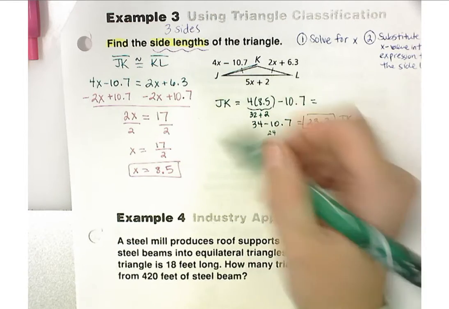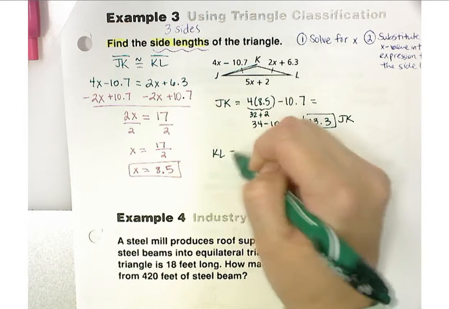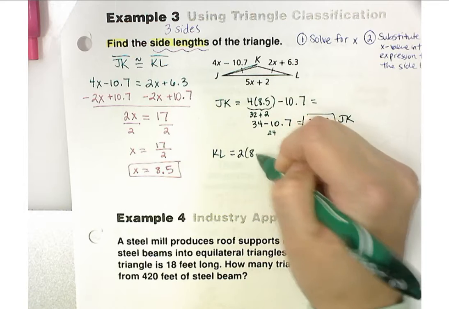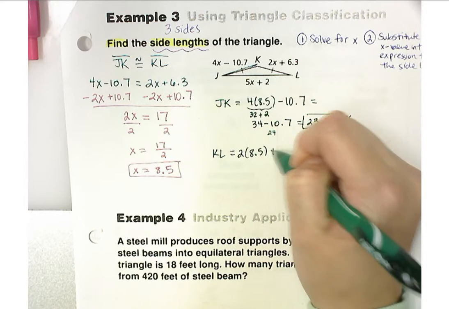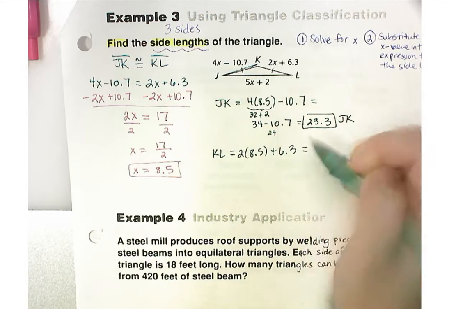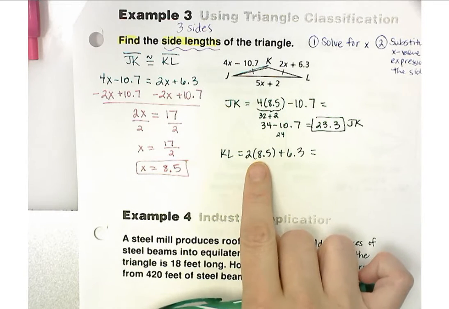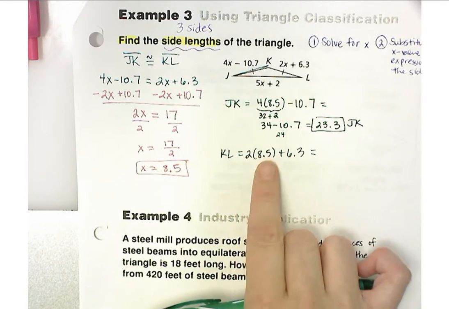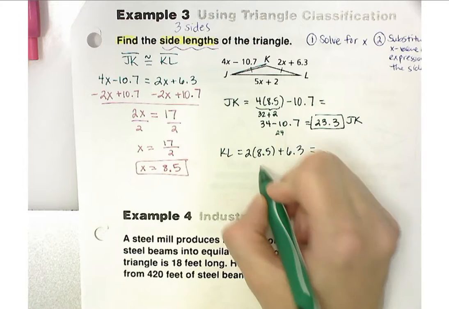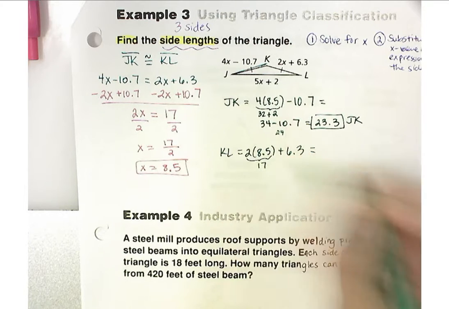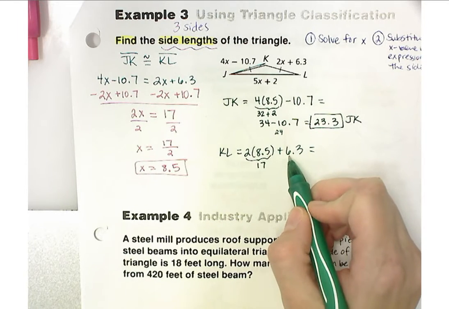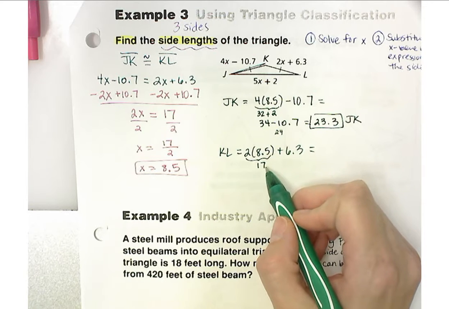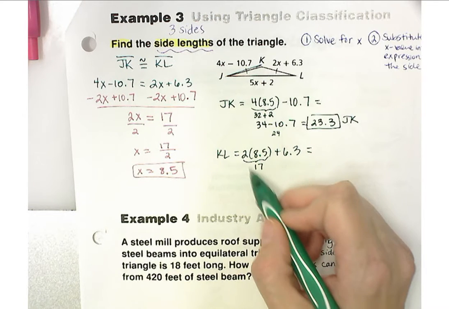Let's verify that for KL we get the same thing. So 2 times 8.5. See how that's a nice decimal that you can do in your head? Because 2 times 8 is 16. 2 times a half would be 1. So together it would be 17. Now, when you are adding 6, this is how I think of it. I try to get to my next whole number.